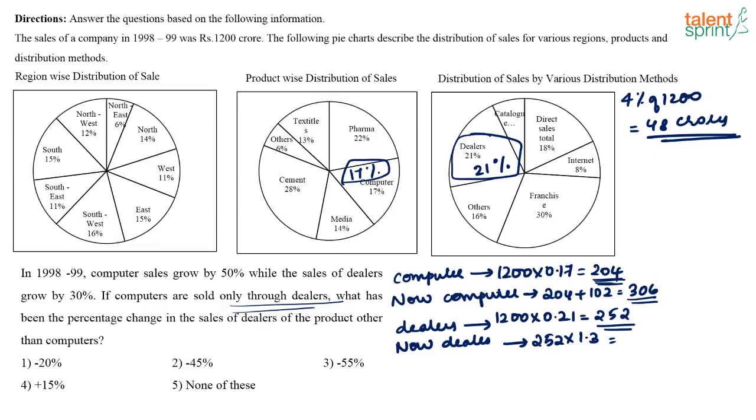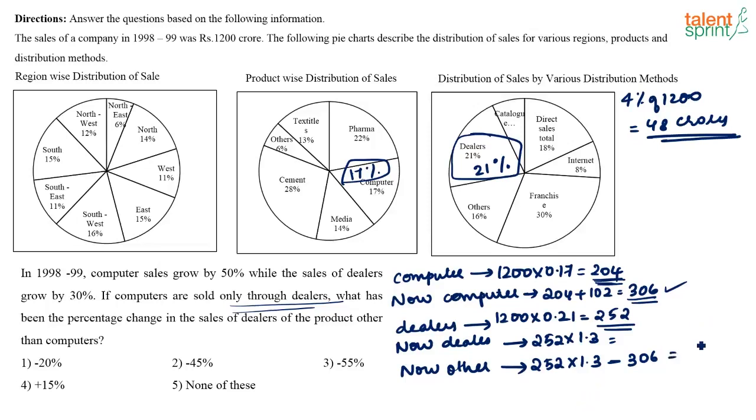So now the computers sold is 306 and the dealers' total is 252 into 1.3. So how many other products are the dealers selling? It is nothing but this 252 into 1.3 minus 306. This will represent the other products that the dealers are selling now, right?